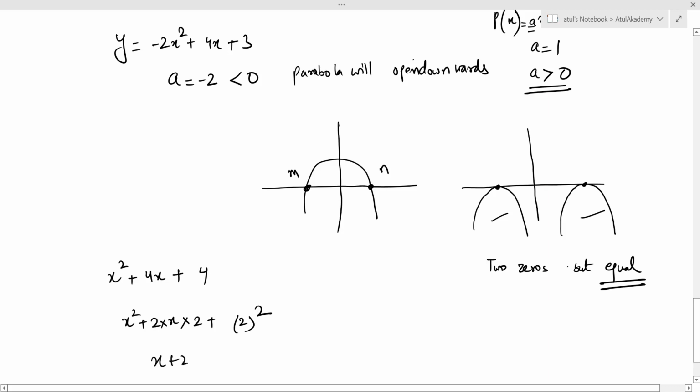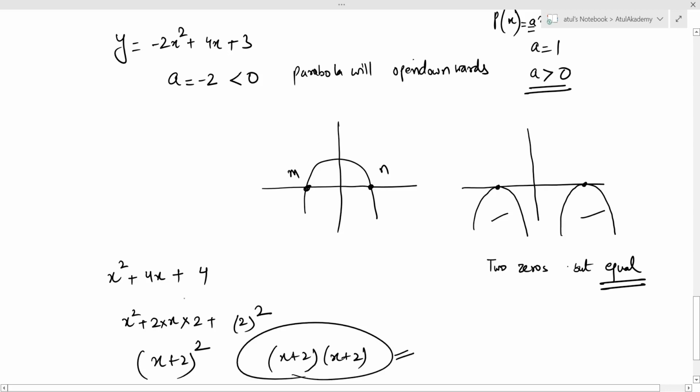So that's x plus 2 whole square, meaning x plus 2 into x plus 2. So this quadratic polynomial has two factors or two zeros, which are minus 2, and both are the same. So you will get a parabola which will intersect the x-axis at only 1 point.